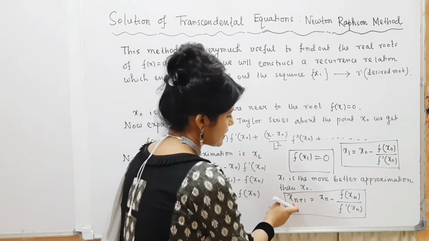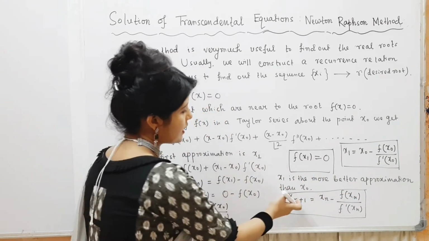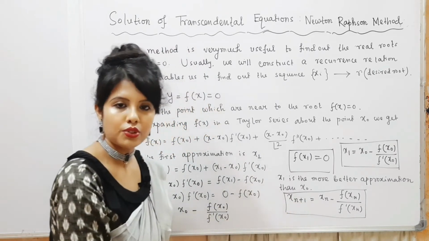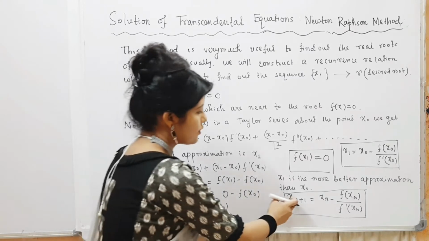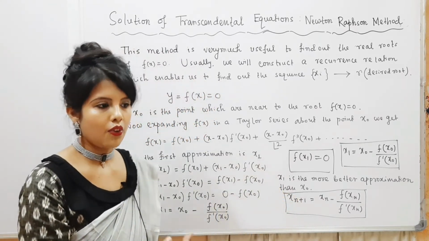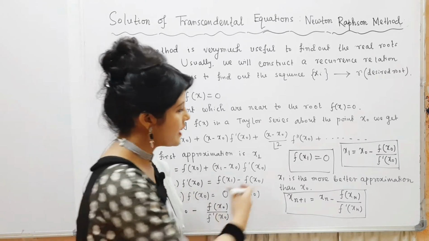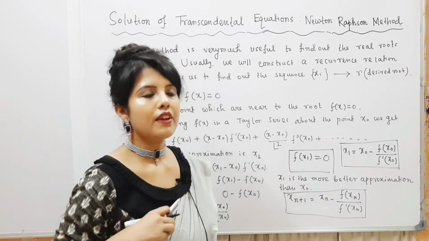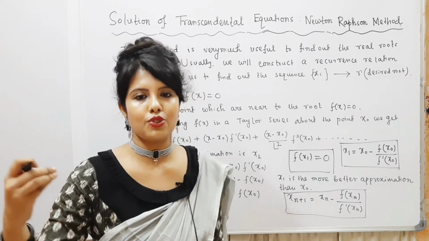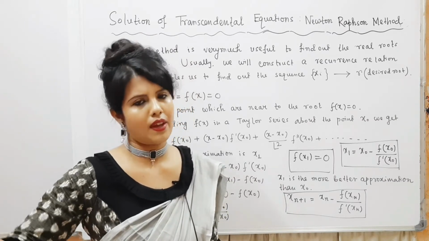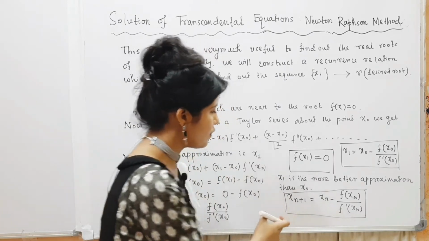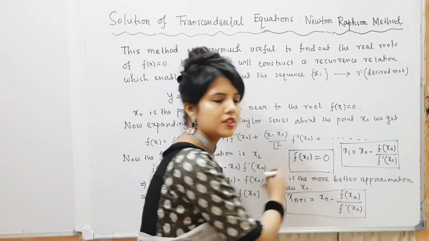Now you can place n equal to 0, then it will give you x1. Okay, you can place n equal to 1, it will give you x2, n equal to 2, it will give you x3. Okay, so by this iterative formula you will get a sequence of x0, x1, x2, x3, x4, x5, and how far you want to go, you can use this formula.